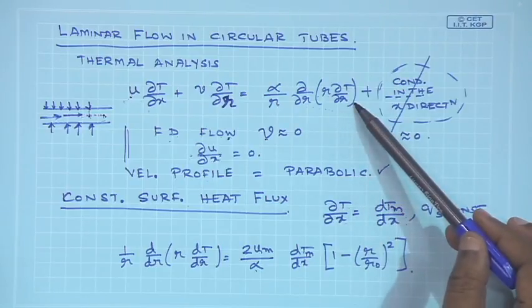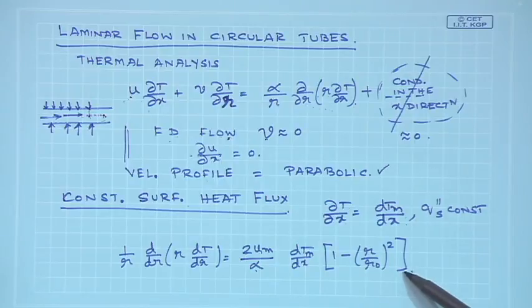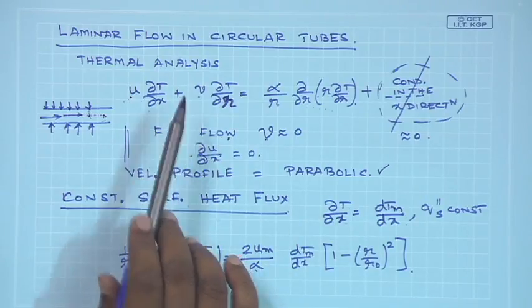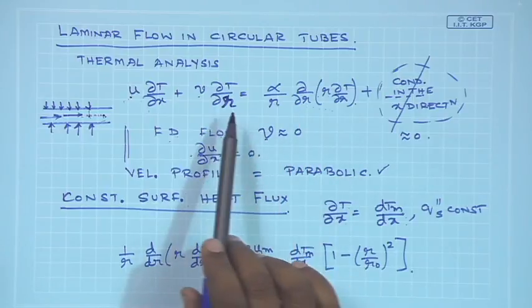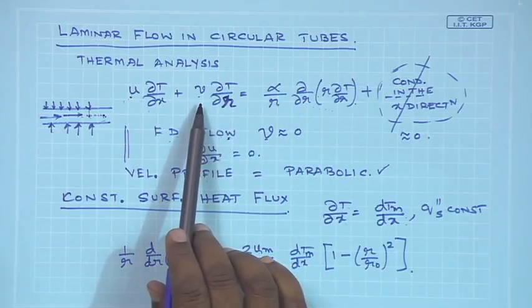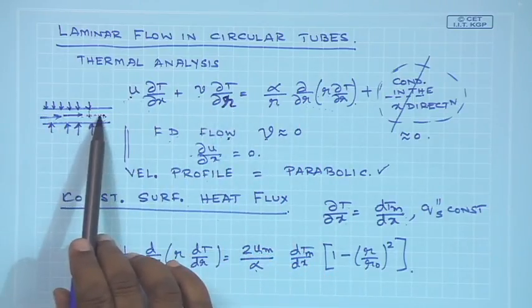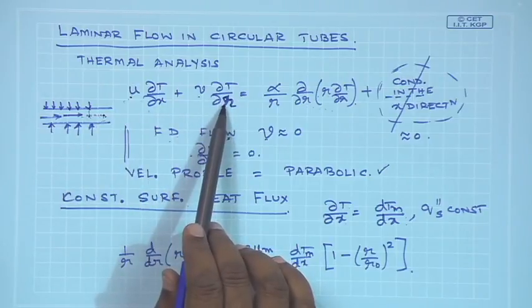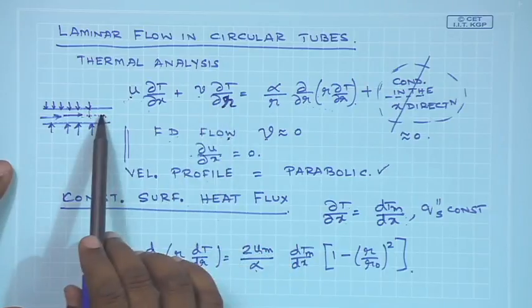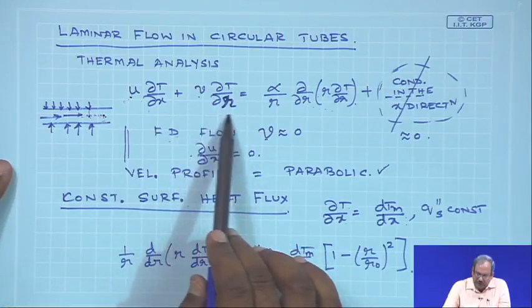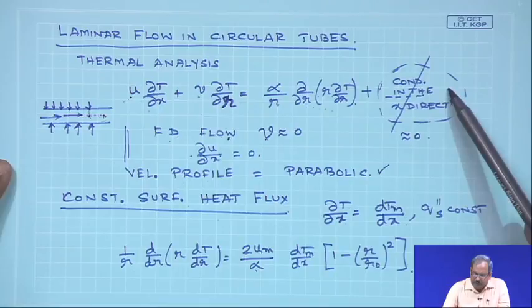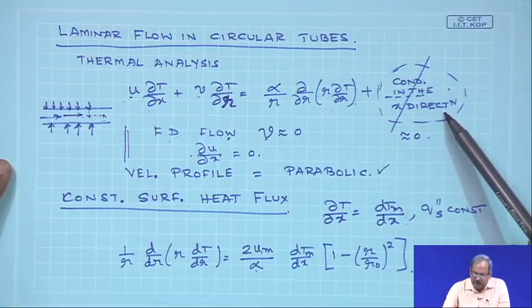So, starting with the energy equation, I have written it for the special case of thermally and hydrodynamically fully developed flow by making the assumption that V is 0. The principal direction of convective heat transfer is here. So, therefore, there is no convective heat transfer, or very little convection, in the r direction. So, this part is taken to be 0. There is no conduction, or very little conduction, in the x direction.